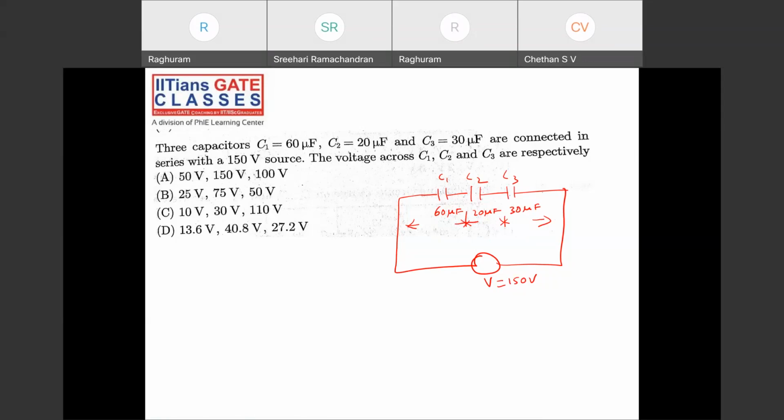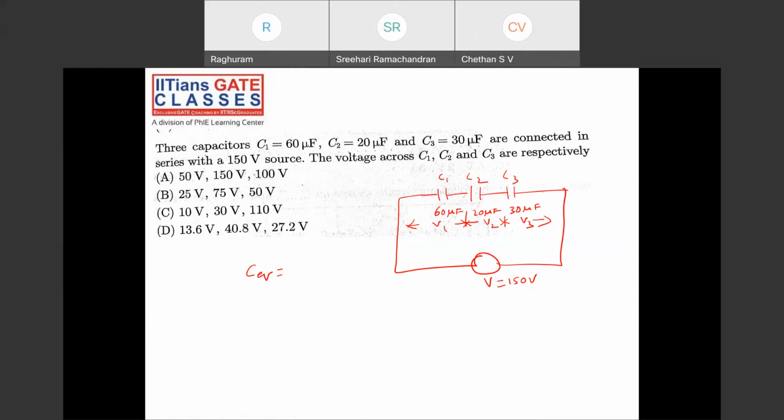And yes, find the total capacitance, C equivalent. Quickly, 60, 30, and 20. 6, 3, and 2 in series. Capacitors in series are like resistors in parallel, right? So 6, 3, and 2 as parallel resistors. What is the equivalent resistance? 60 and 30 in series is 20. 20 and 20 is 10. So 10 microfarads. Everyone clear so far? C equivalent is 10 microfarads.